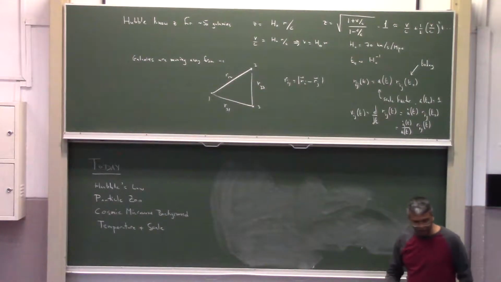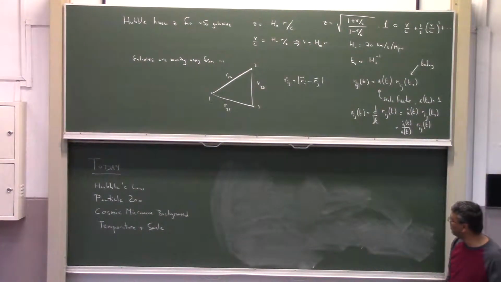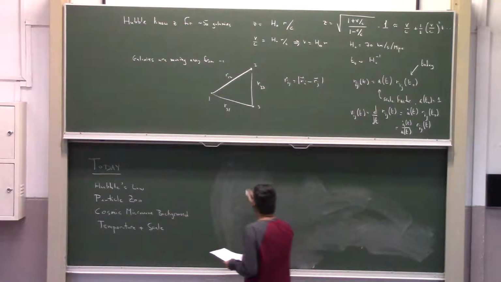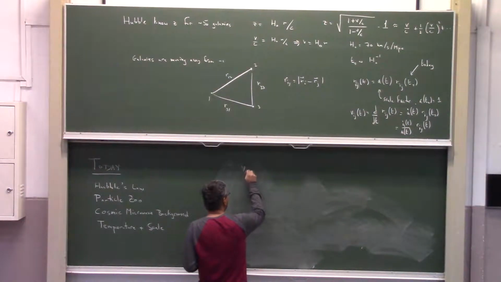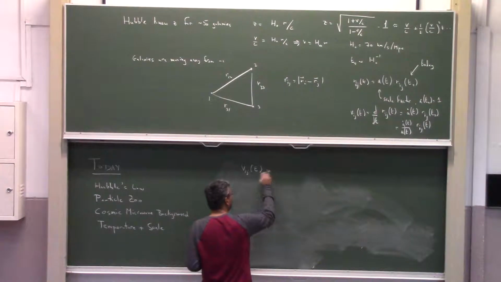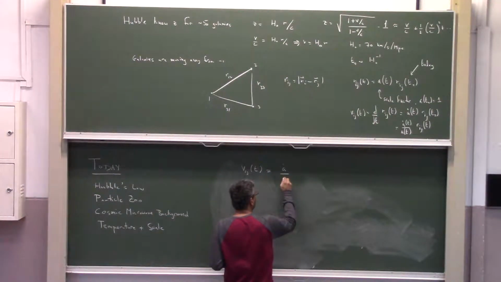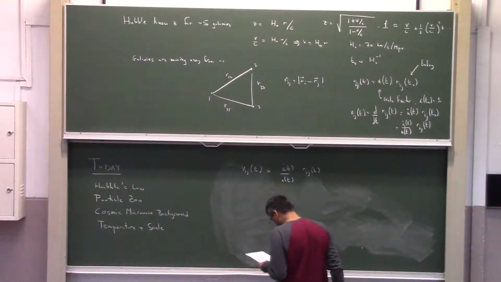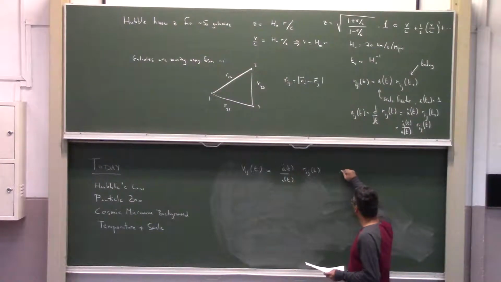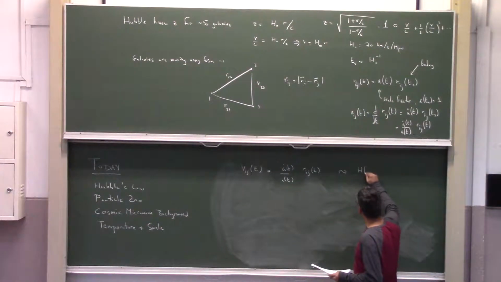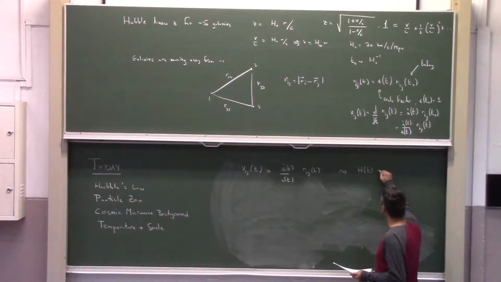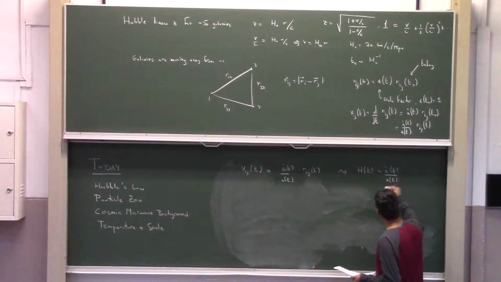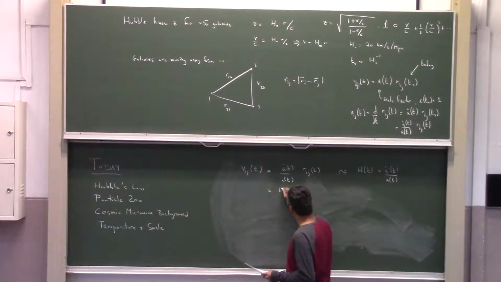Comparing this relation to the Hubble law, we have Vij of t is a dot of t over a of t, Rij of t. So this tells us that there's a function H of t, which is a dot of t over a of t.